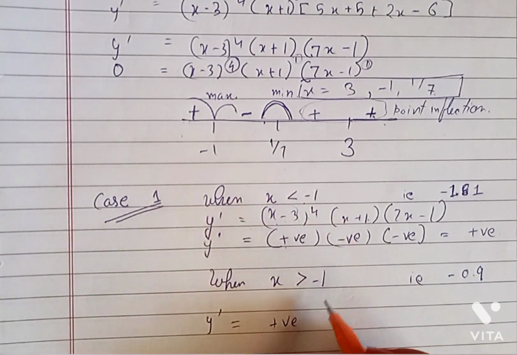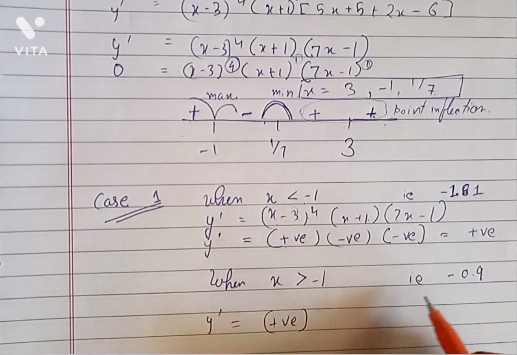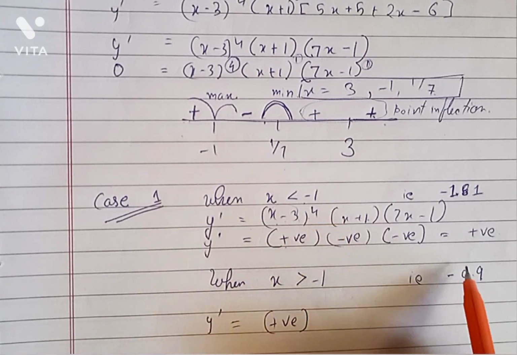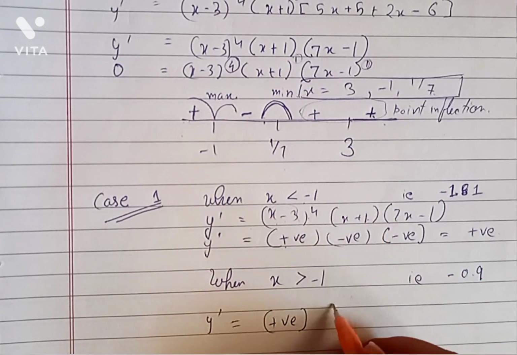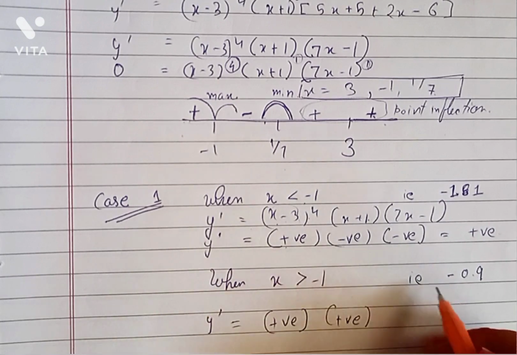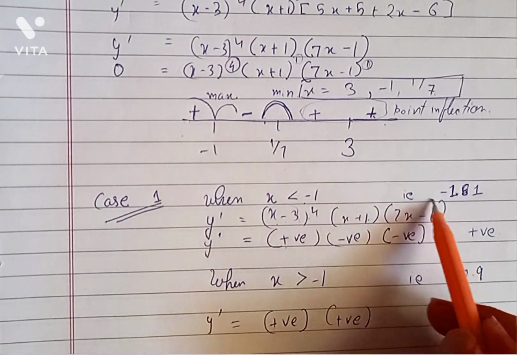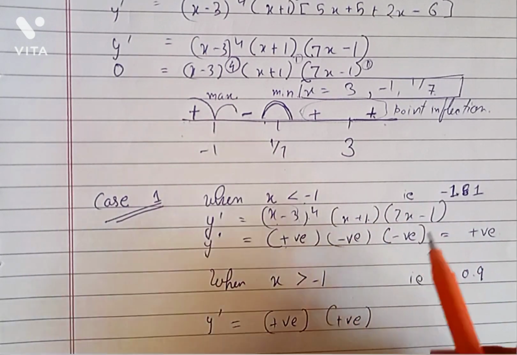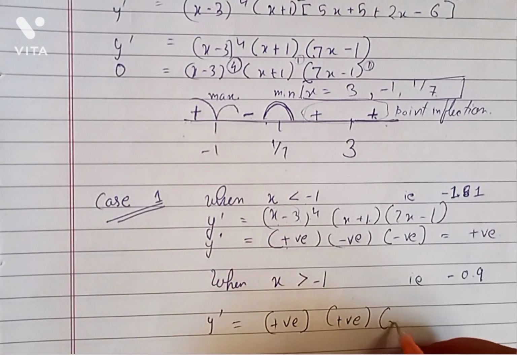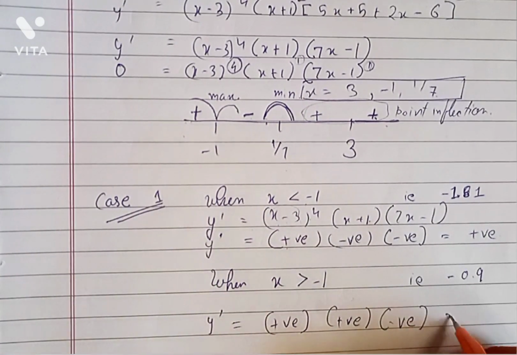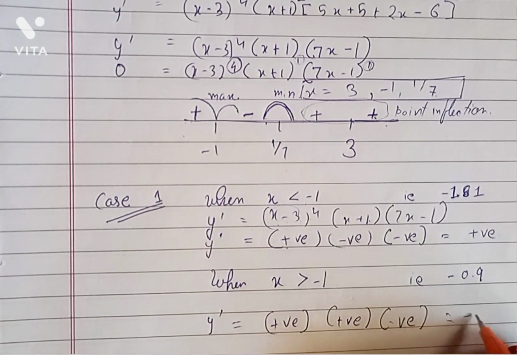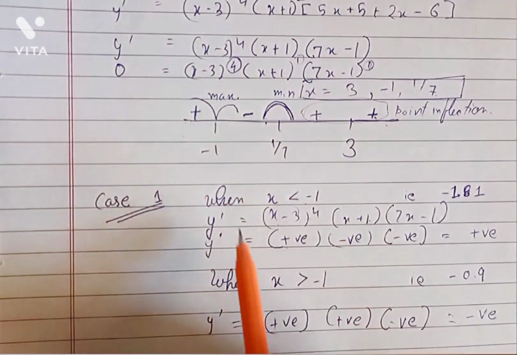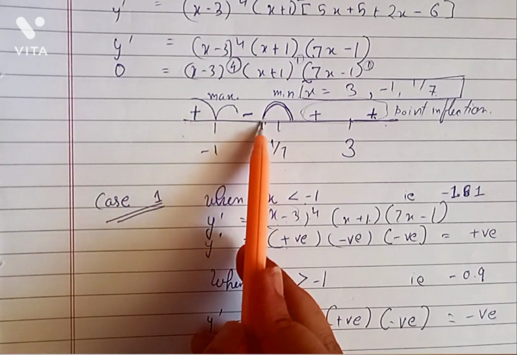So this is positive. Now minus 0.9 is less than 1, so this is also positive. Now plus 0.9, this will get negative. Why? Minus and plus, so the sign will remain negative. So our final answer, seeing this, will be negative. See, when x is greater than minus 1, it's negative.